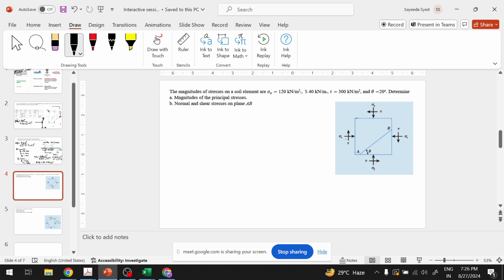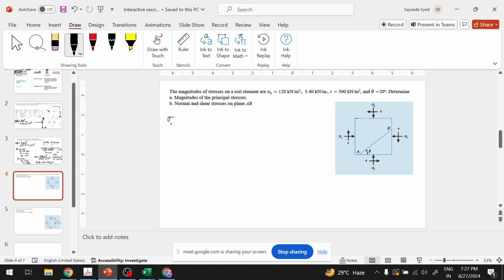So we have the equation for normal force and the tangential force.